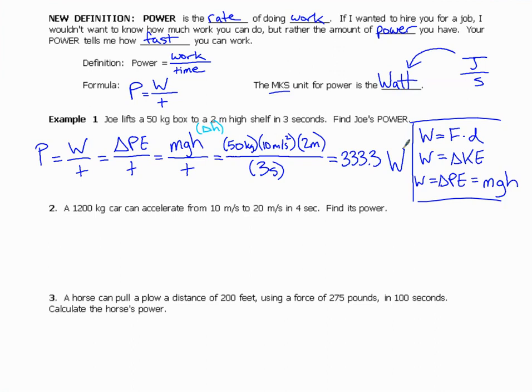Number 2, a 1,200 kilogram car can accelerate from 10 meters per second to 20 meters per second in 4 seconds. Find its power. So here's power. It's work divided by time.